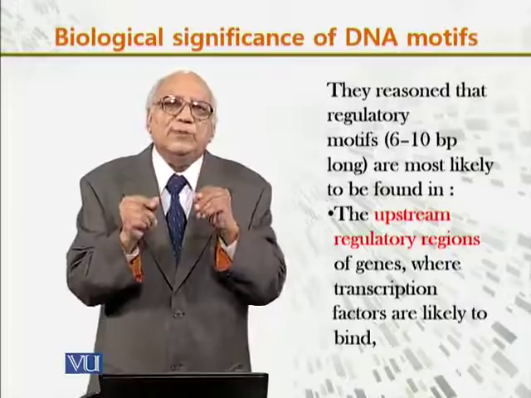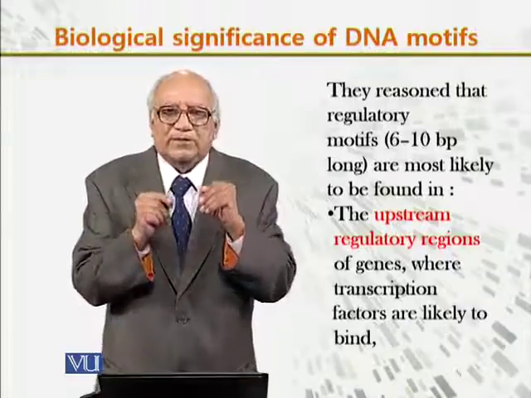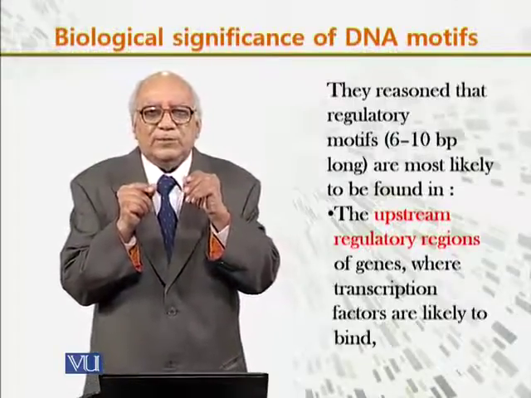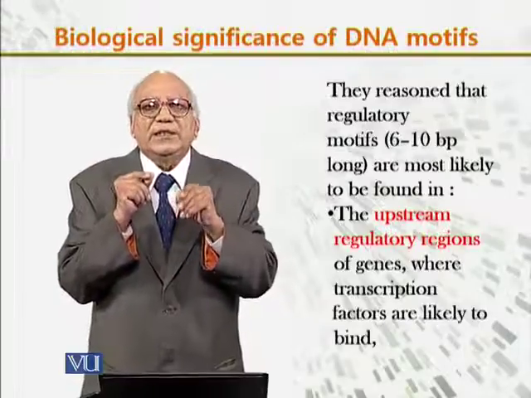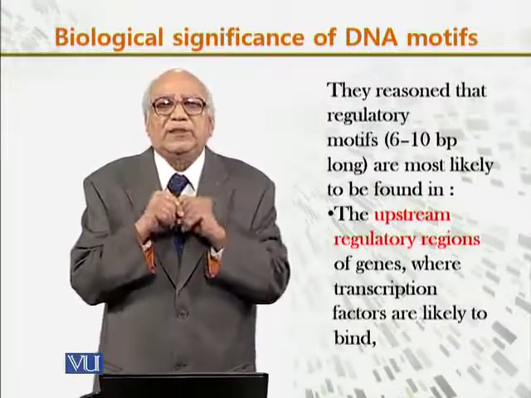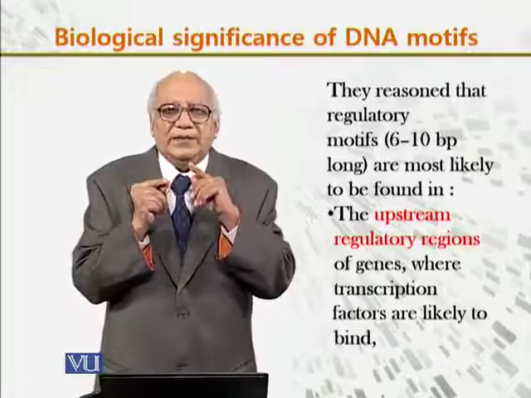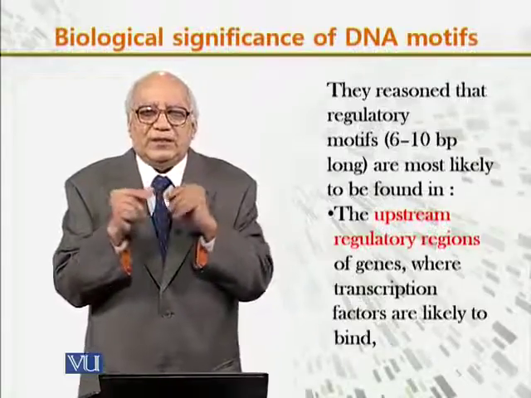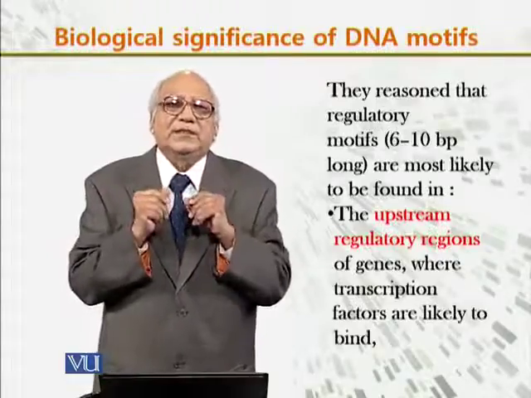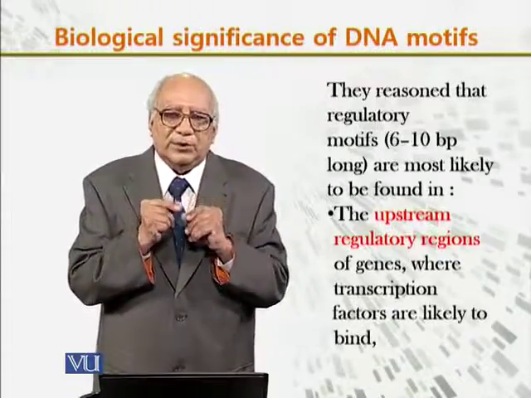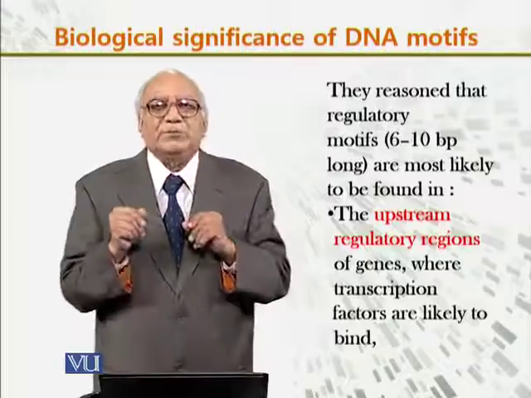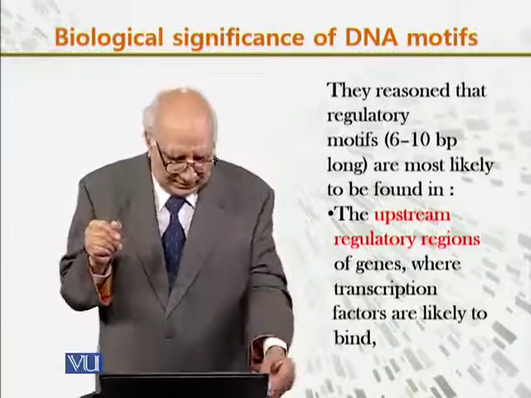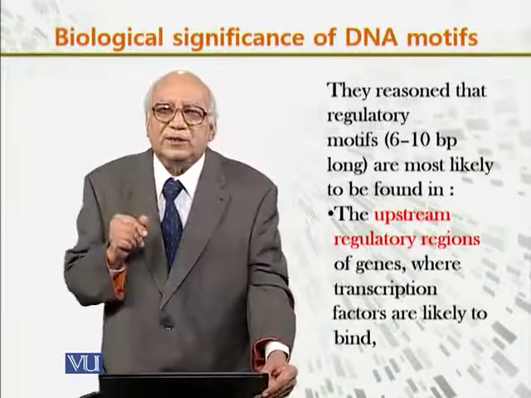So these motifs, because they are regulatory, are found in the upstream region of the gene, and in their neighborhood the transcription factors are also present. This is how they join with the transcription factor and regulate.